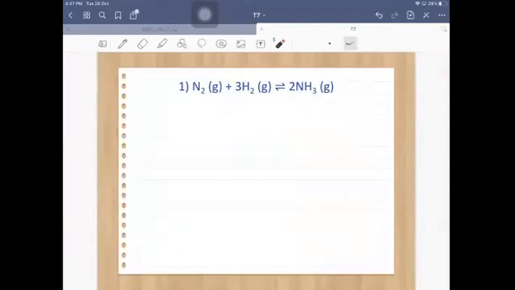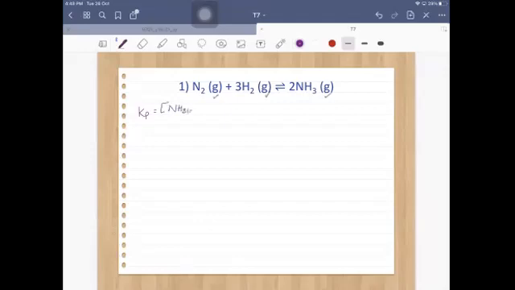Okay, so Kp is equal to the concentration of products over reactants. The first thing that we should do is check that everything is either liquid or gas. So they're all gas, so everything will appear in the Kp expression. I start with my products, NH3 gas.